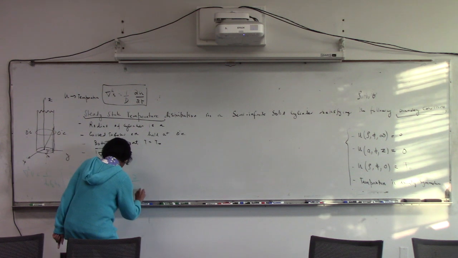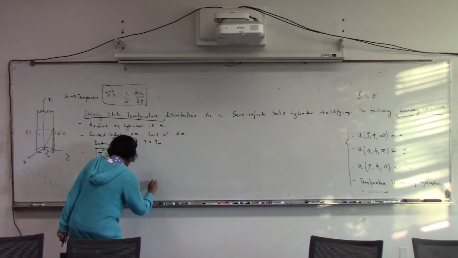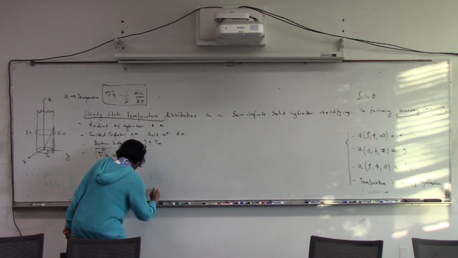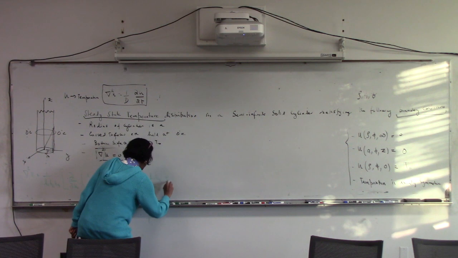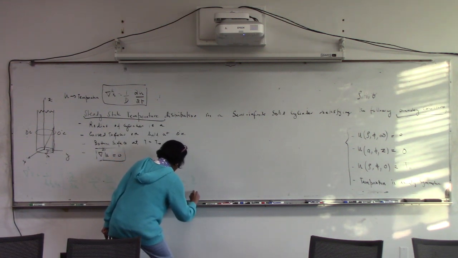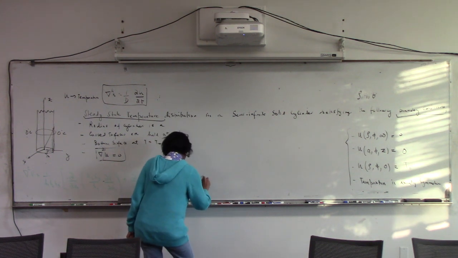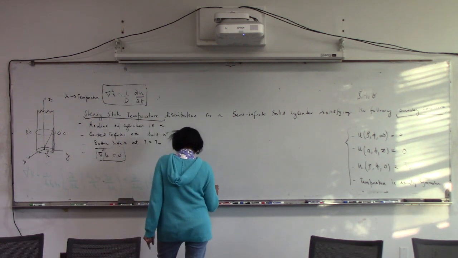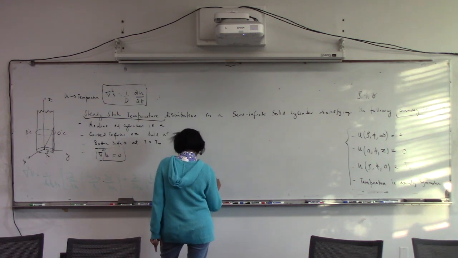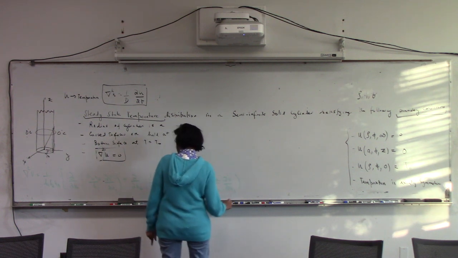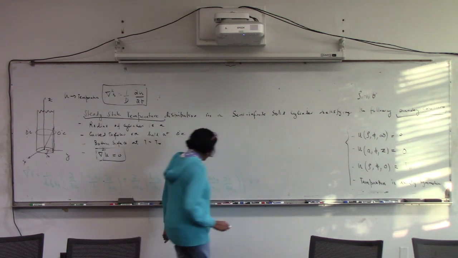Plus partial with respect to u2 of h1, h3 over h2, partial V with respect to u2, plus partial with respect to the third independent coordinate u3 of h1, h2 over h3, partial V with respect to u3. This should be equal to 0.